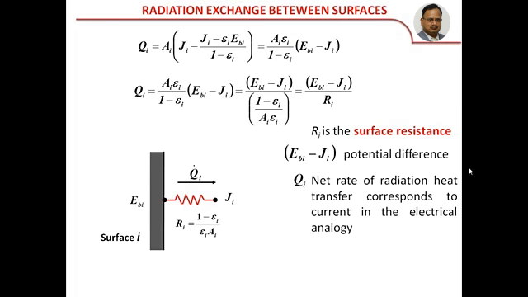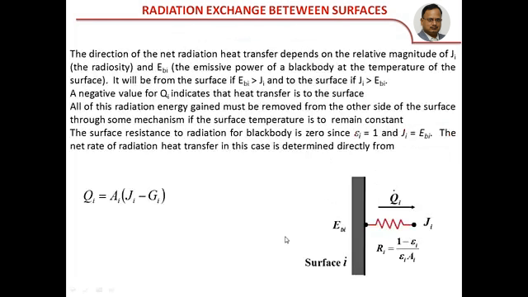E B I minus J I is called potential difference. Q I is the net rate of radiation heat transfer, which corresponds to current in the electrical analogy.